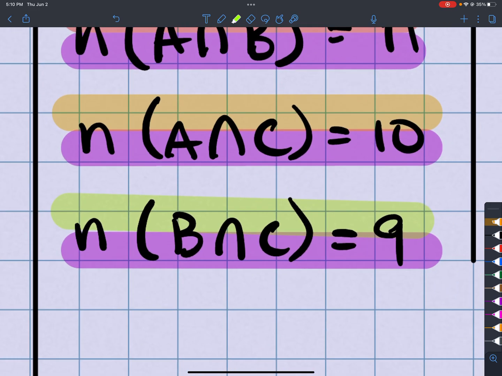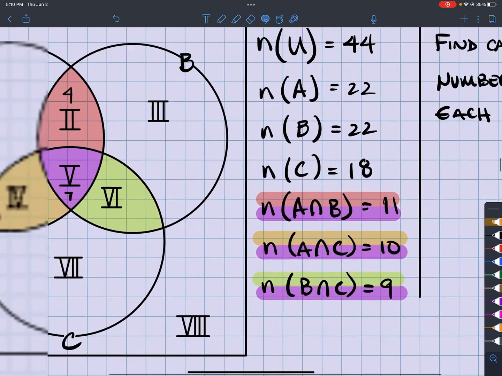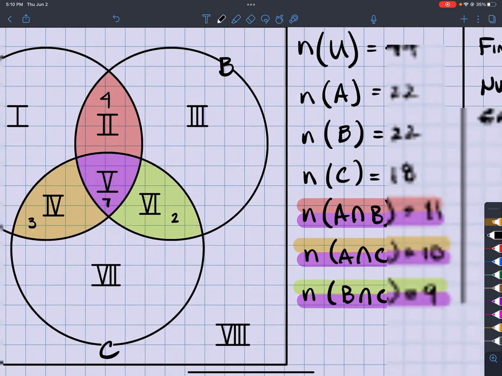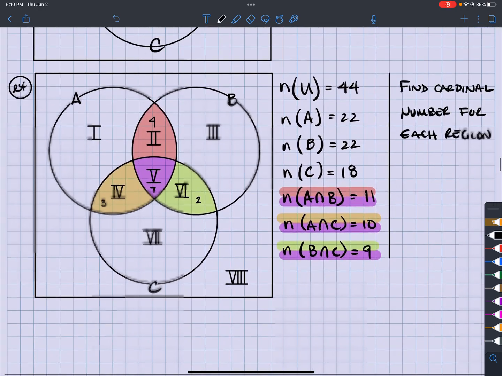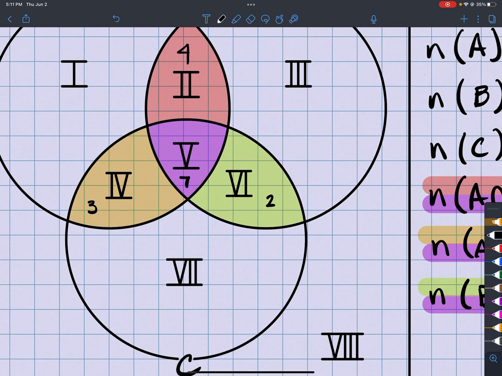Okay, so that right there has 9. So the purple and green has 9. And 7's already taken up. So how many do I have left? I have 2 left. Okay. All right. So I at least have those regions already taken care of. So I got 2, 4, 5, and 6 done. So I just need the 1, 3, 7, and 8.